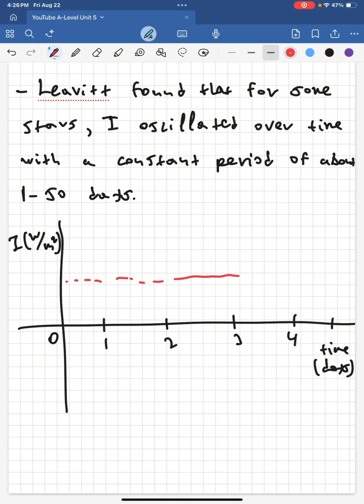Let's put the average here as a reference. So she observed something like maybe, okay, something like this. It's not the perfect graph, but you get the idea.